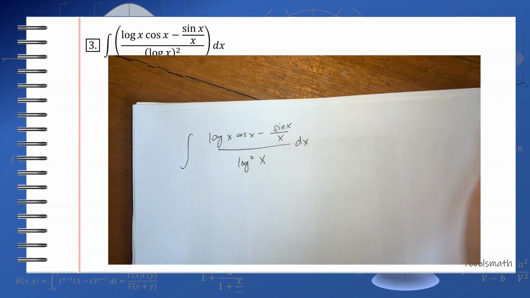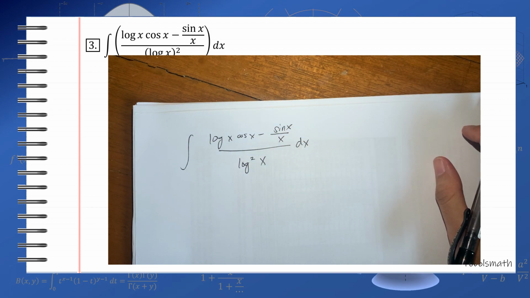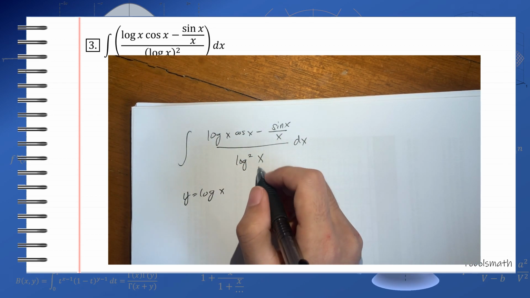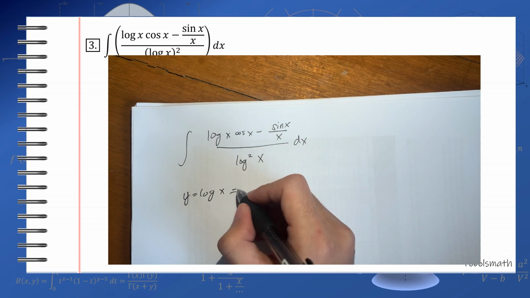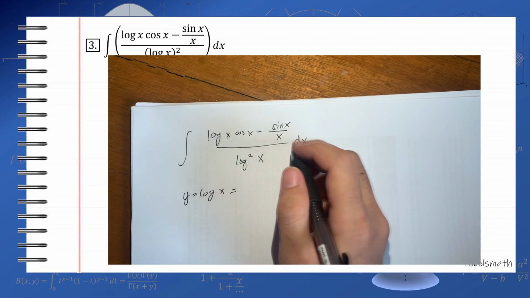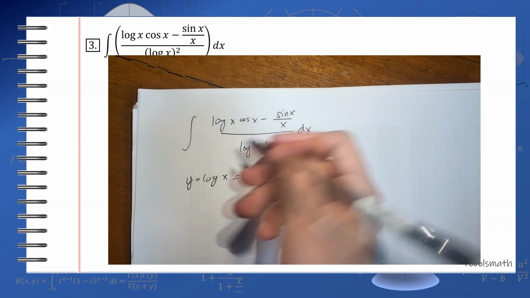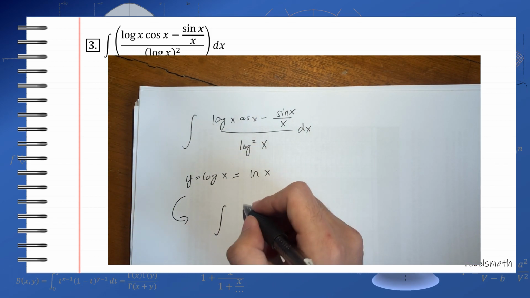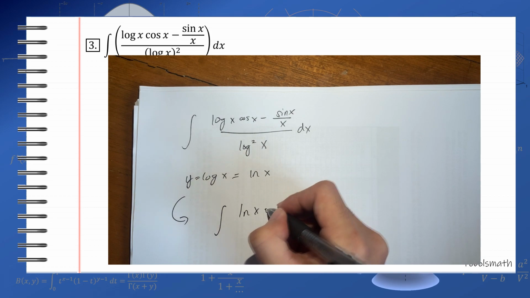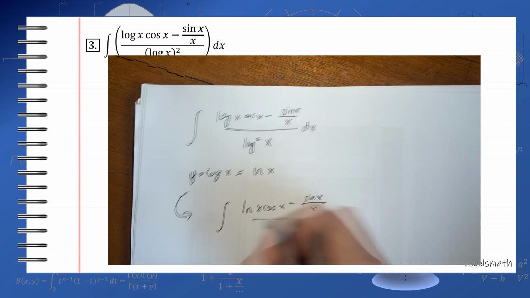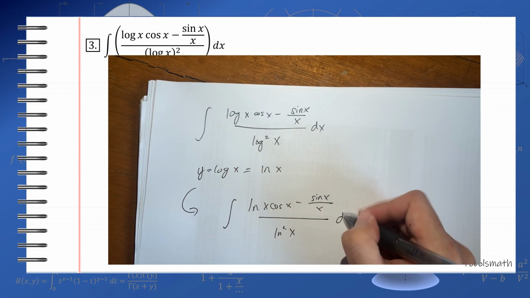In MIT and in some other institutions, especially in physics, I think, the function log x is the natural logarithm. So in other notation, this is also equivalent to ln of x. I'll just rewrite that since I'm more comfortable with ln x. Probably you're more comfortable with it as well. Over ln squared x dx.